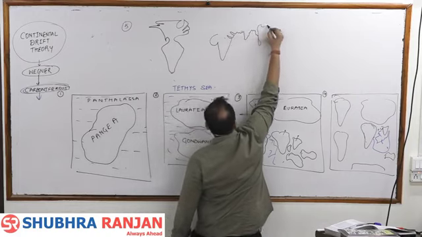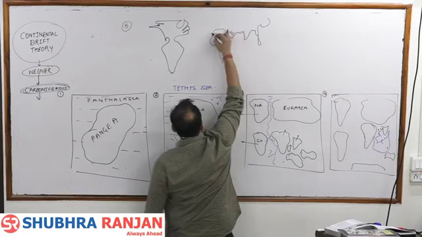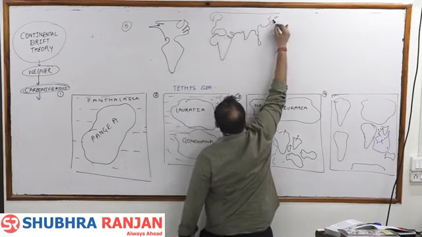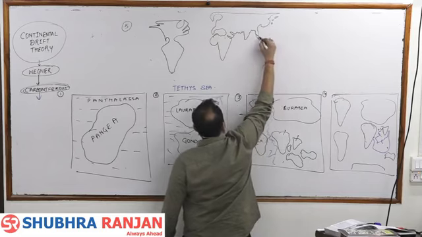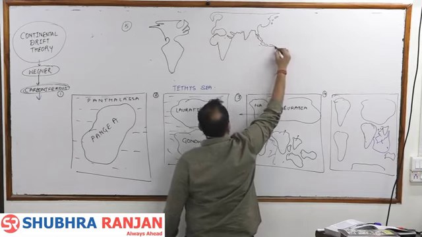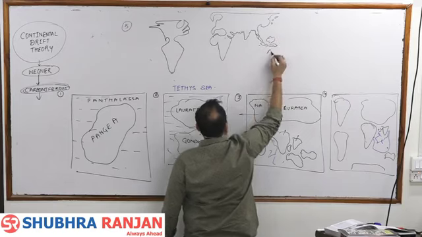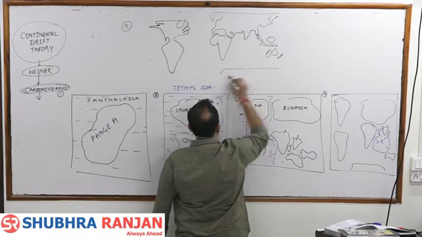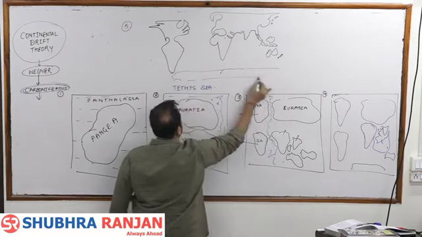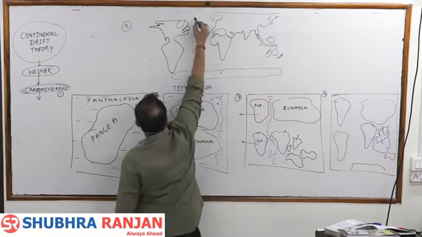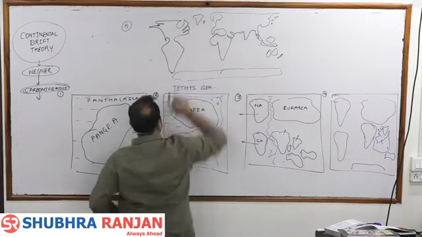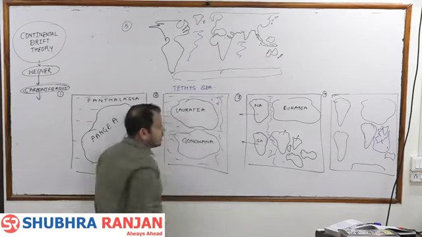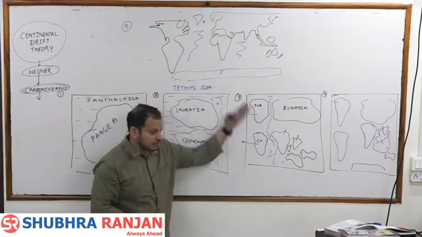We have Eurasia, we have the island arcs of Indonesia, and we have Australia, New Zealand and Antarctica, to give rise to the present day arrangement of the continents. And this is what is known as an Atlantic Ocean. This is known as an Indian Ocean. Atlantic Ocean due to westward, Indian Ocean due to the northward.